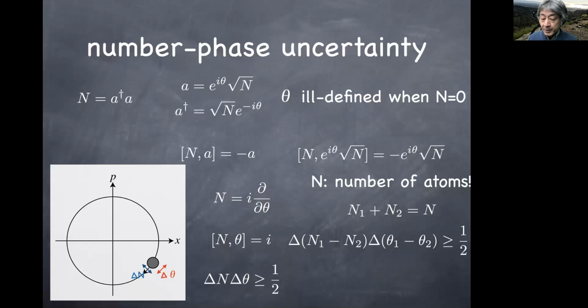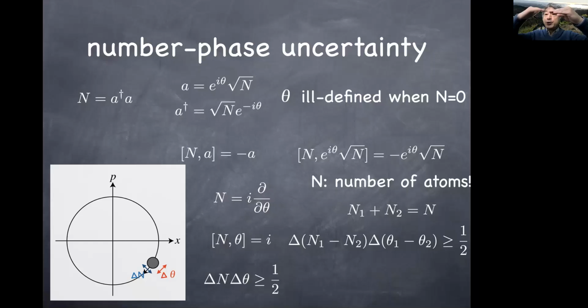And the crazy thing, though, is that now you're looking at this uncertain N1 and N2. If you're looking at condensate number 1, N1 is no longer certain, which means you are talking about a linear superposition of states with different numbers of atoms, just like what we have done with the harmonic oscillator by taking a linear superposition of states with different N. So this is actually something you can do only in quantum field theory, where you have Hilbert spaces with different numbers of atoms in a single big Fock space.